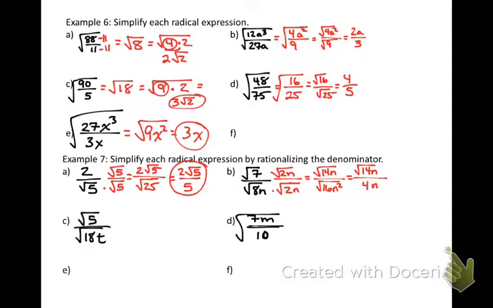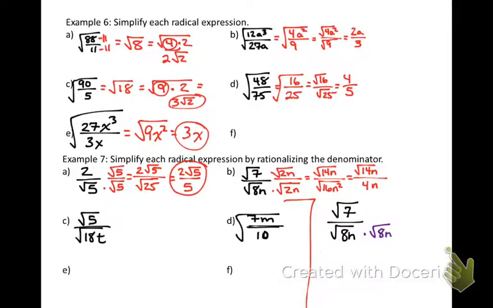You could do it differently. Let me show you the other way. I'm going to bring it down over here and make it purple for you. Okay, so I rewrote it again so you could do it a different way. You could just multiply what is on the bottom of the square root by itself. So I could just do like I did on example A, where I did square root of 5 times square root of 5.